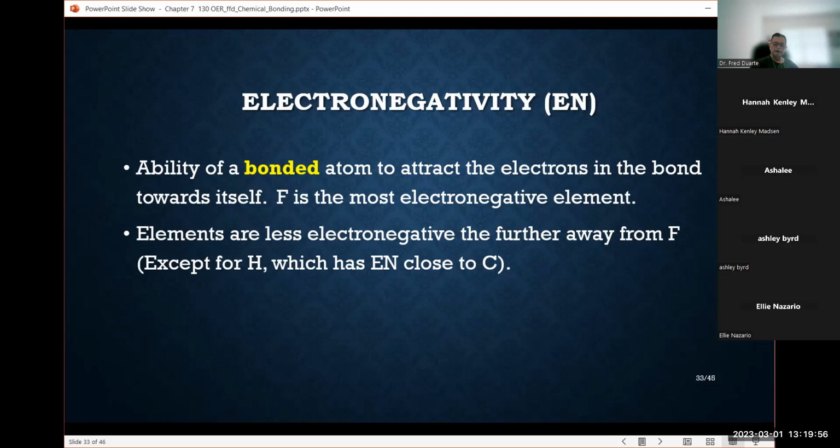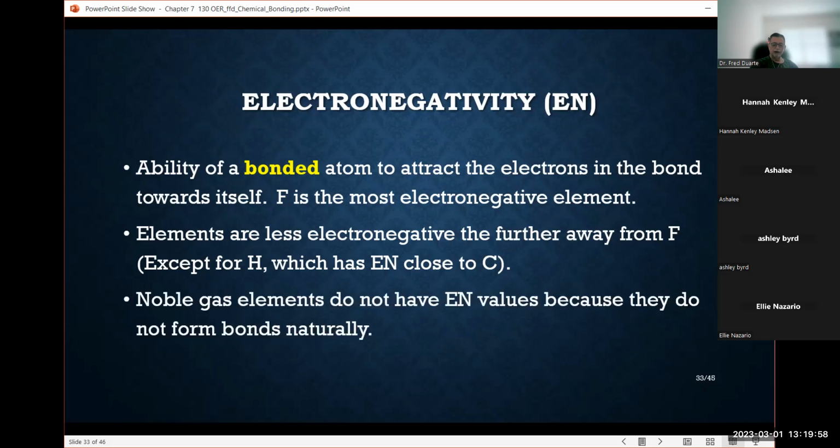This is a talk about EN, which I mentioned. Fluorine is our benchmark, and we use that as our guideline when we're comparing two different atoms other than fluorine to determine who's more polar. Whoever is closer to fluorine is the more electronegative atom, and therefore will pull the electron density toward itself, okay?